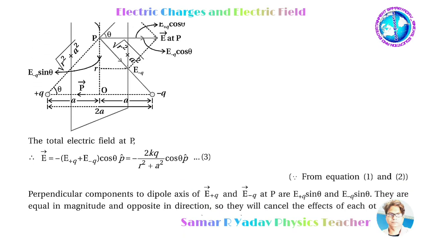The total electric field at point P, vector E, is equal to minus E plus q plus E minus q, cos theta into unit vector p, which is equal to minus 2kq upon r square plus a square, cos theta into unit vector p, equation number 3.